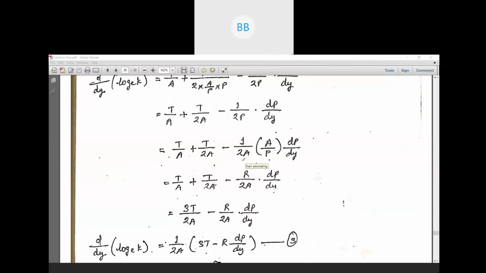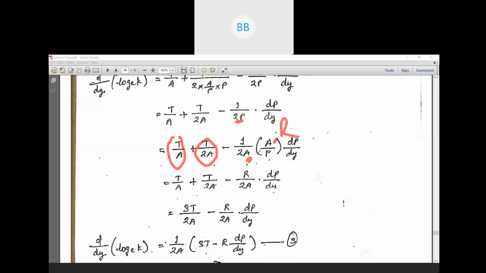Next, this will remain the same. This also remains the same. Then we have written A here and also here, so that we can bring one R here. We need one R. That is why if we solve this, we will get twice P because this A will be cancelled out.